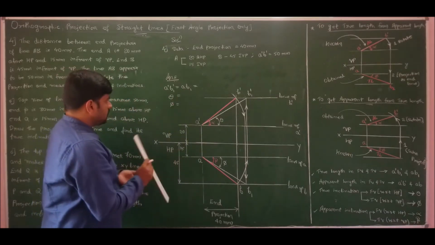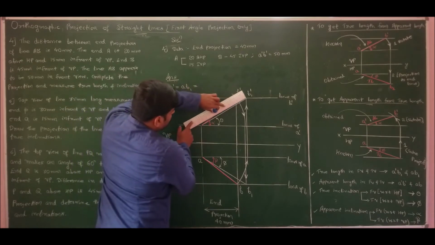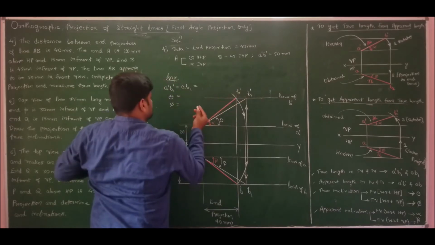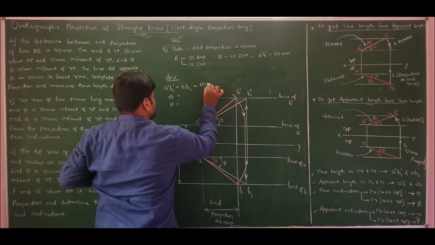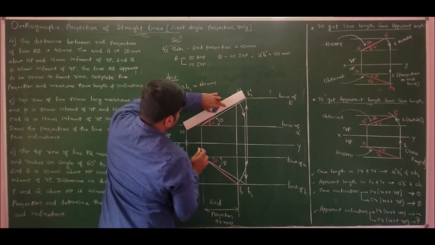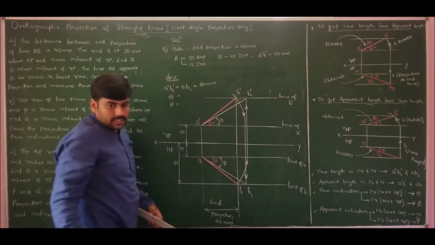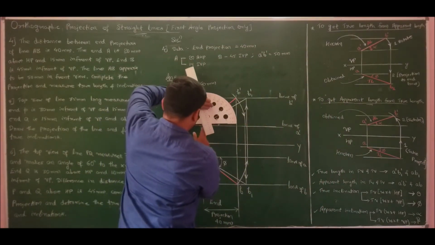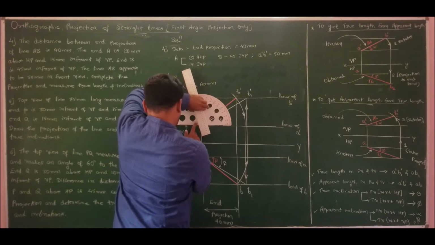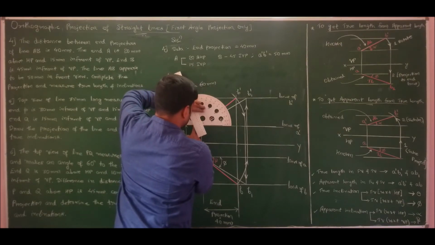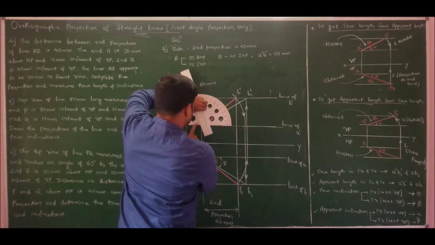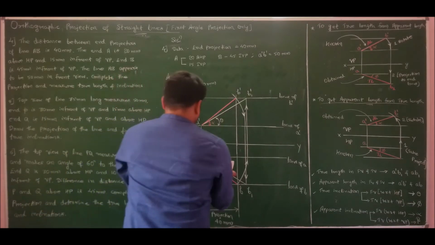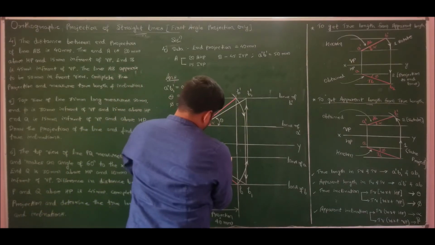If I measure, I will get the true length as 60 millimeters. Coming to the inclinations, angle theta is 30 degrees and angle phi is also 30 degrees.